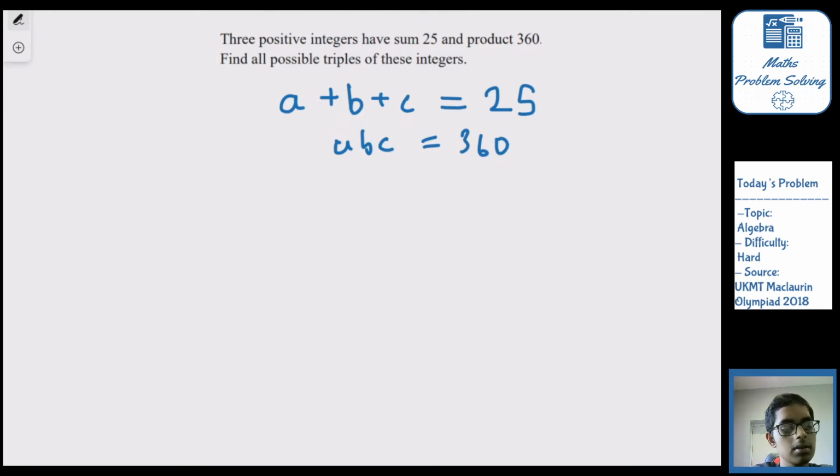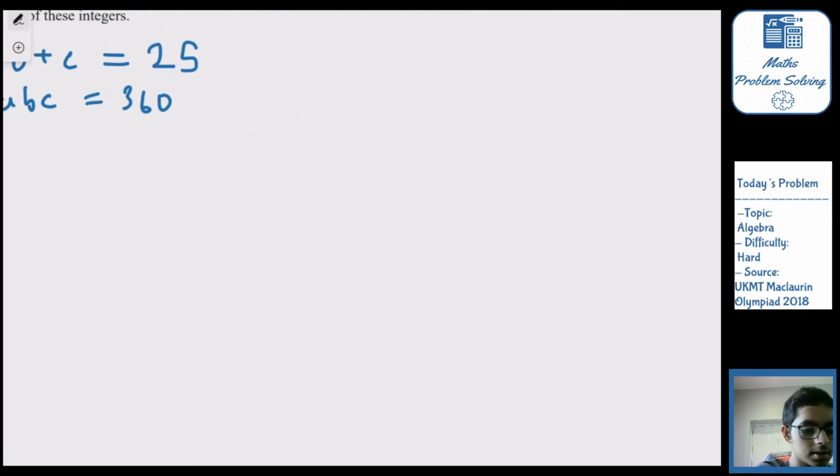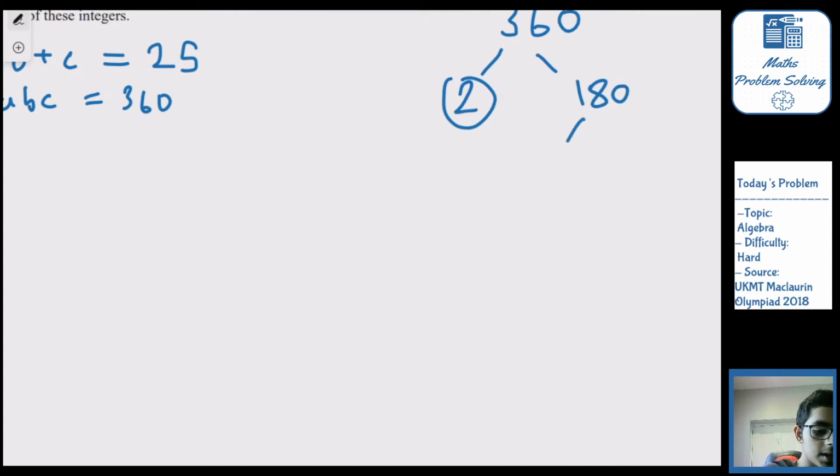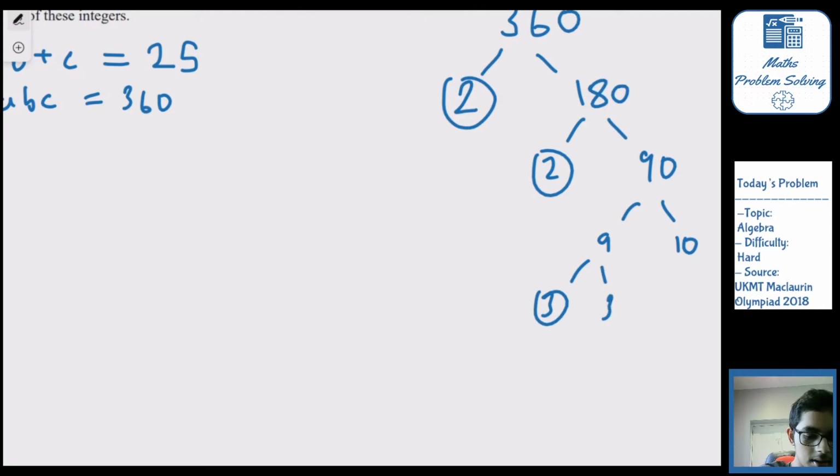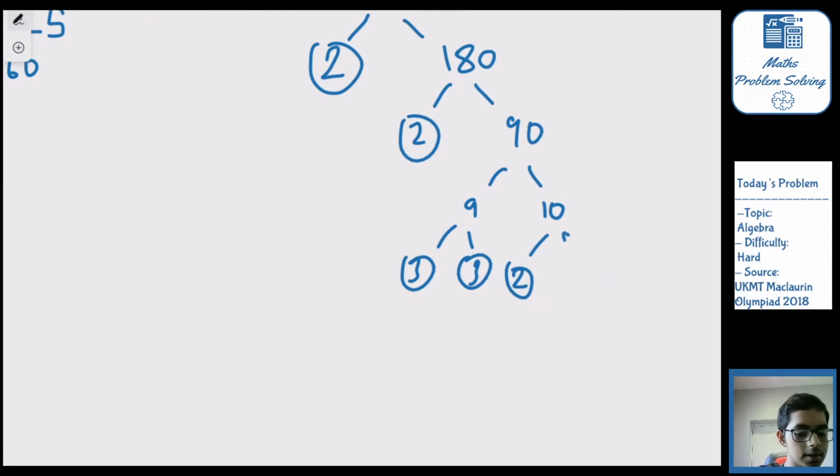Okay, so one method which we could use is trial and error, but this is a really bad method, so we're going to be doing sophisticated trial and error. So 360, let's just do the prime factor decomposition of this to the side over here. 2 times 180, and this can be broken up into 2 and 90. 90 can be broken up into 9 and 10, and 9 is 3 squared, so that's another 3 twice, and another 2 term, and another 5 term.